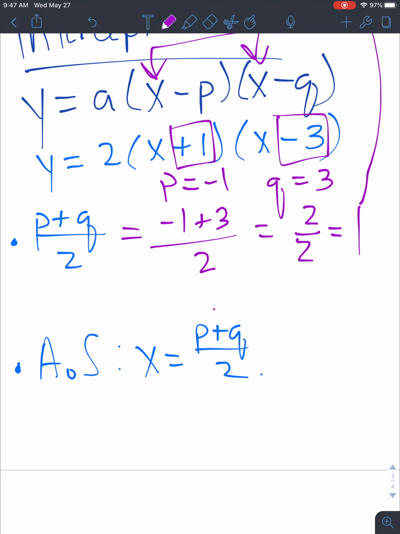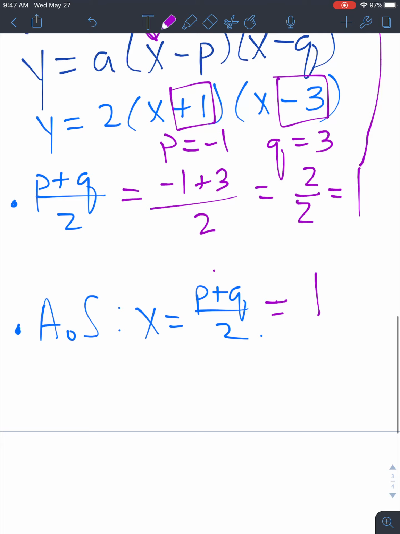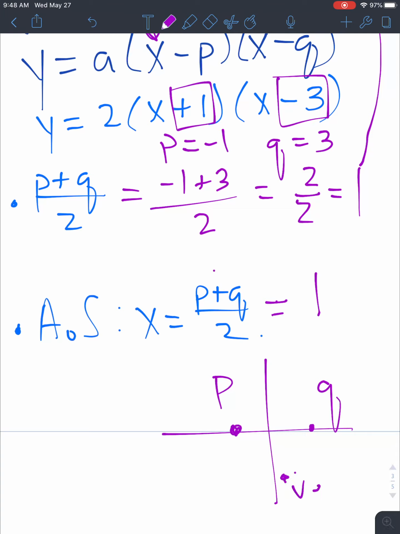And last but not least, we come to our axis of symmetry. All right, and that axis of symmetry is always at x equals p plus q over 2. And since p plus q over 2 is just 1, in our example, the axis of symmetry is at x equals 1. To graph in intercept form, you graph your p, your q, and then your vertex.